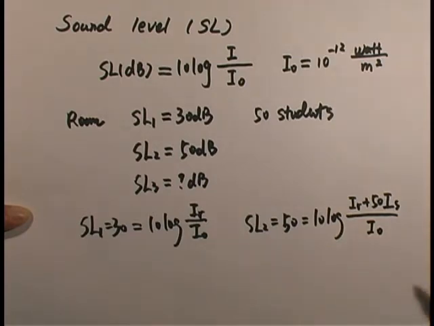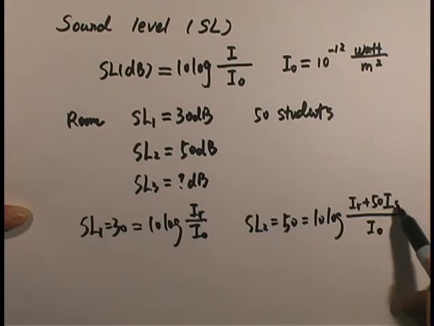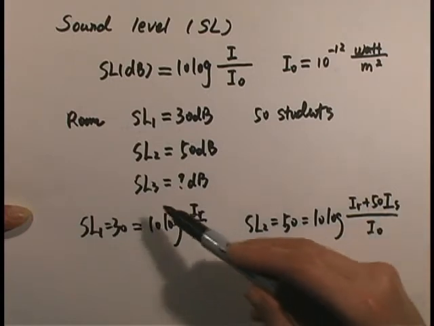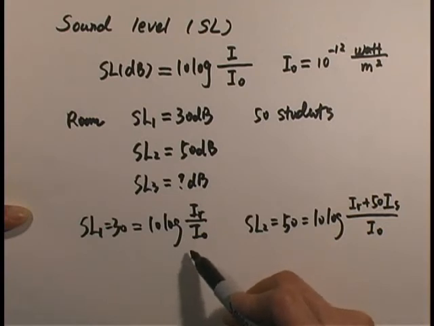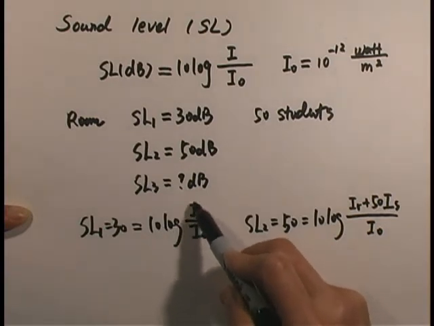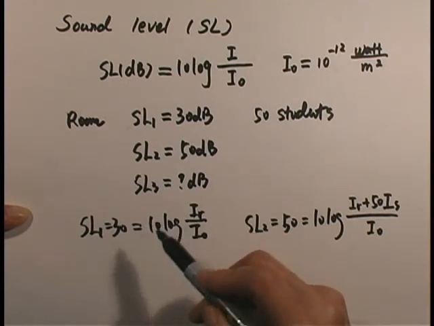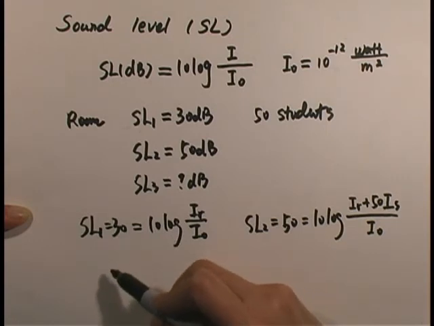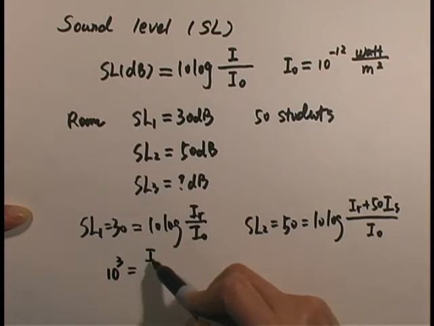Now what we want is obviously I of room plus 25 I of S, over I of R. So it looks like as long as we solve for the value of I of S, we will be able to find the answer for SL3. So it is pretty easy. From the first equation, dividing both sides by 10, you get 3, and 10 to the 3 equals I of the room over I naught.